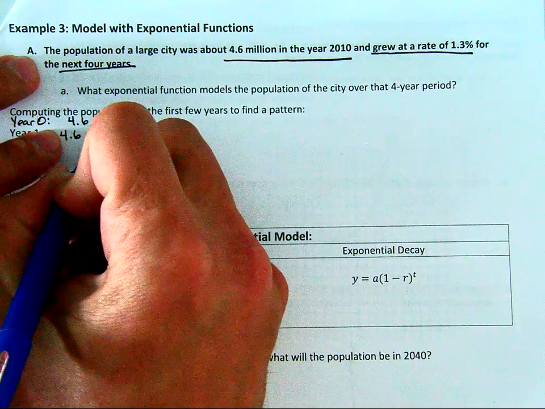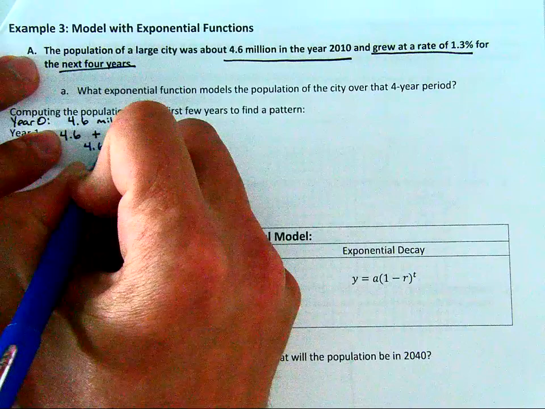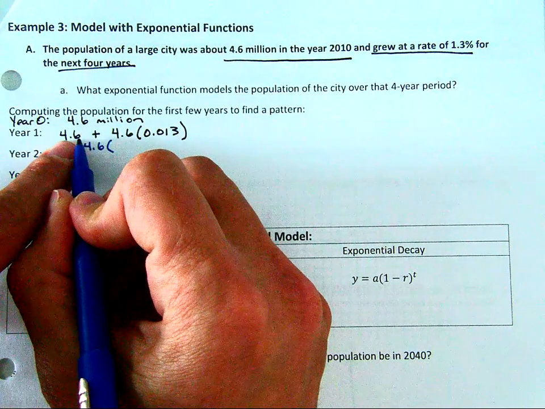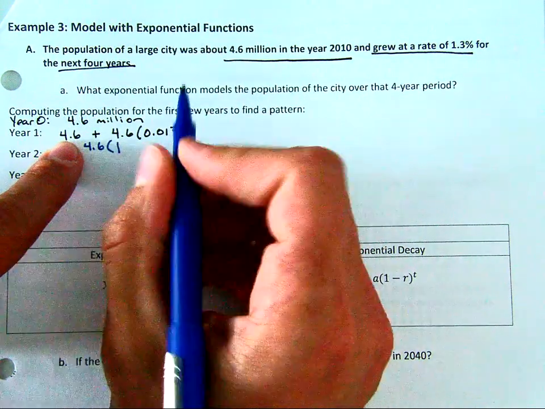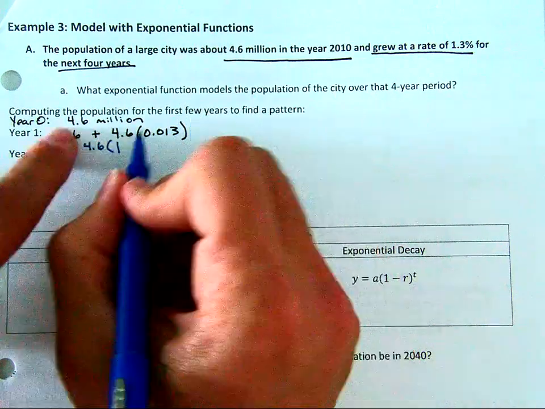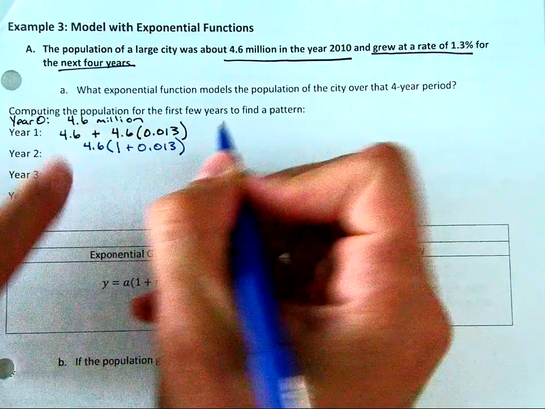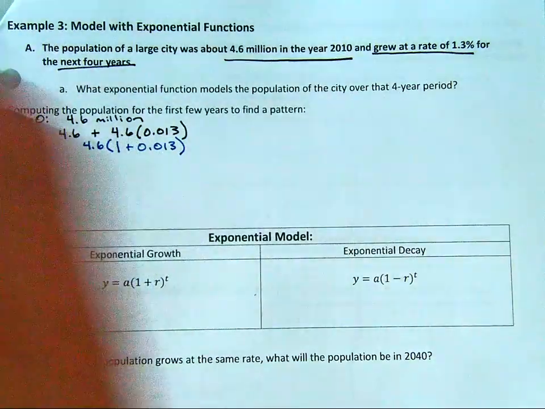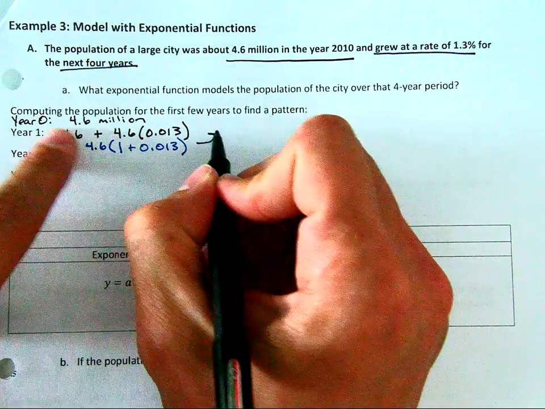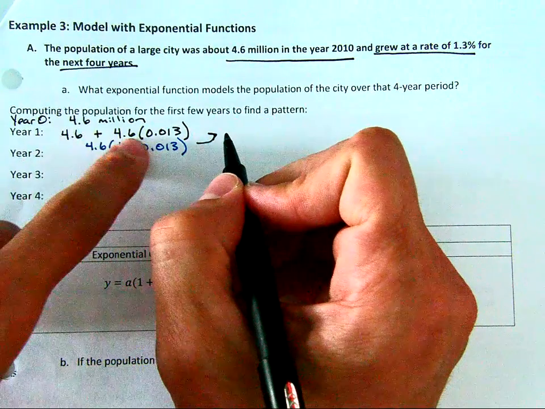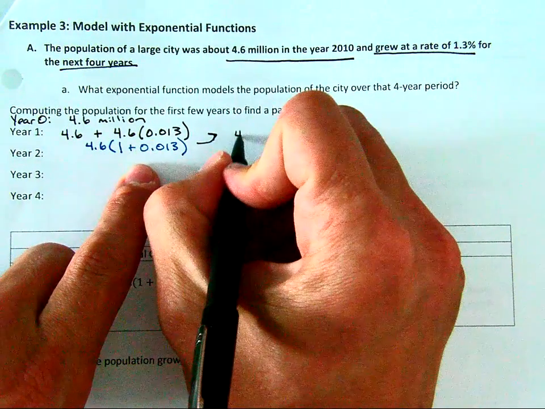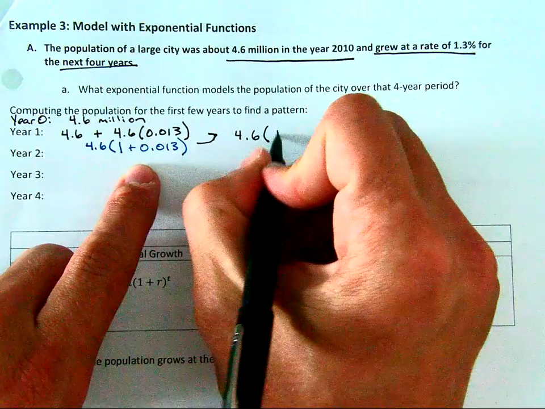If I take a 4.6 away from this, I'm left with 0.013. So a simplified expression of 4.6 plus 4.6 times 0.013 is 4.6 times 1.013. Okay. And we'll talk more about how that works a little bit later on.